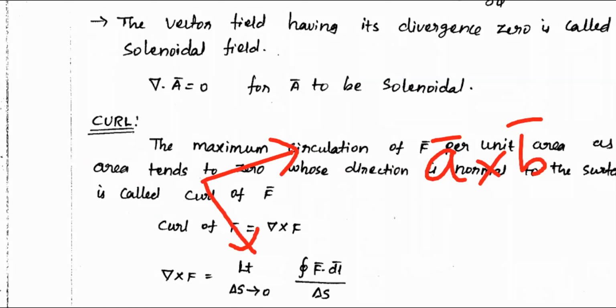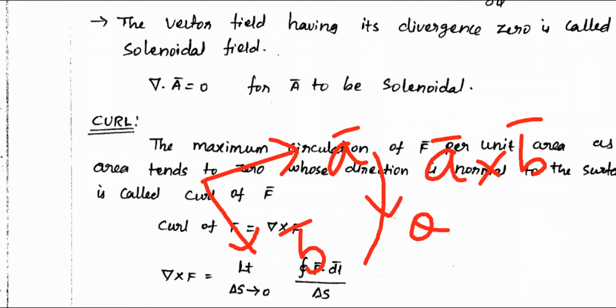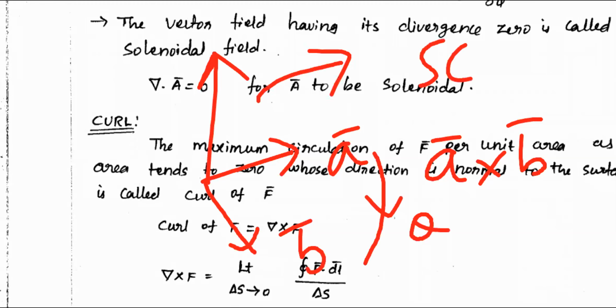And I told you, if it is A, if it is B, and you are physically rotating this vector along this vector, based on the angle you are rotating each time, you will get some result in the perpendicular direction to the plane formed by the two vectors, A vector and B vector. The example I told you was the screw.